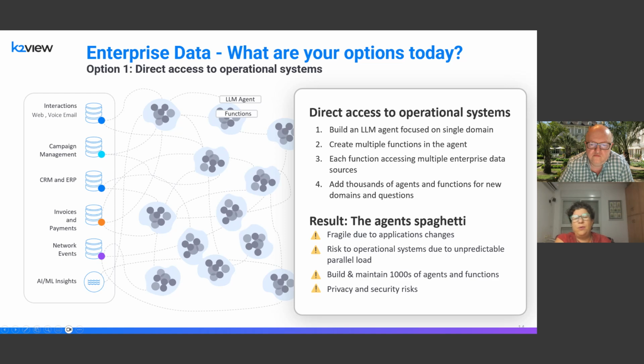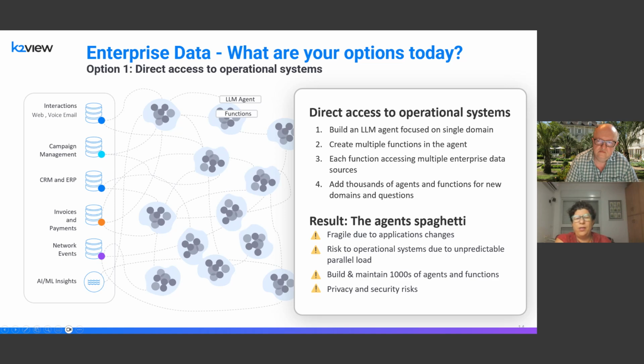So if you think about the customer chatbot example that we gave before, we write an LLM agent that can answer questions about invoices. And then the LLM functions within that agent will go directly to the source systems that you see here on the left-hand side and get the data that they need from there.